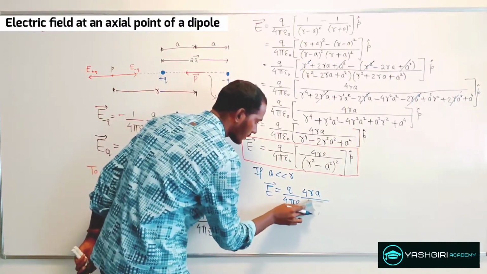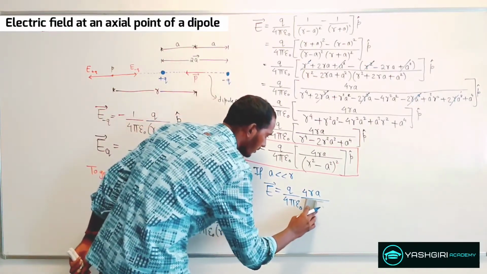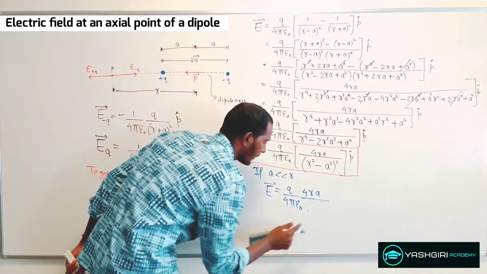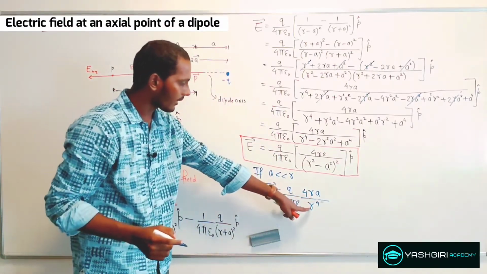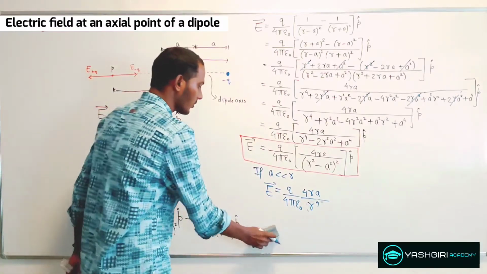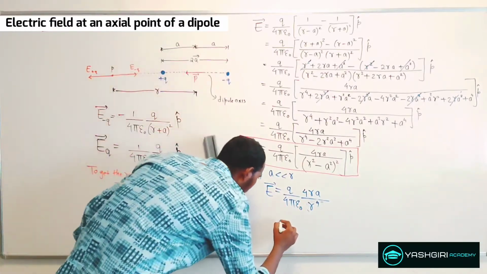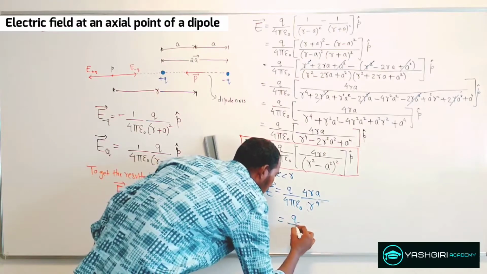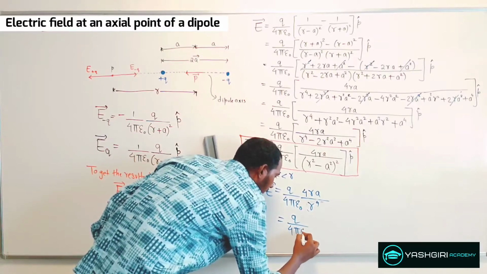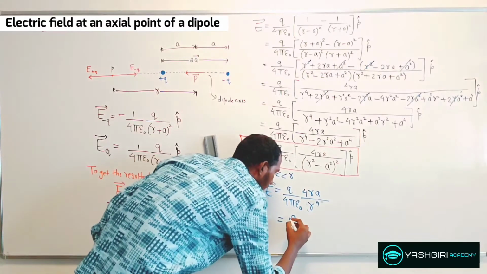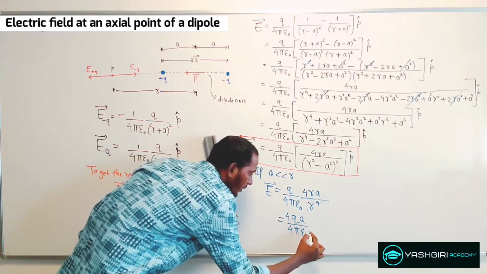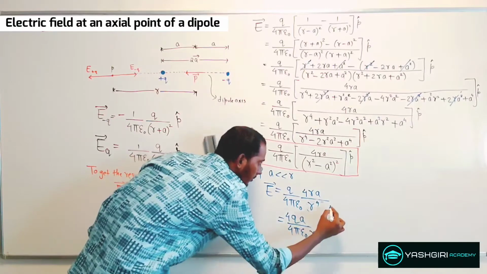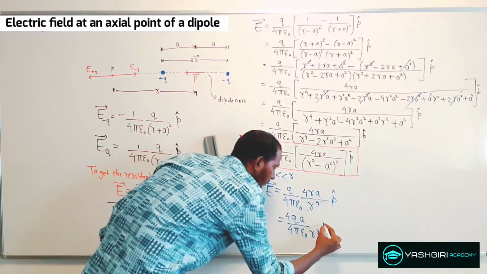So I'll just rewrite this. It will be R raised to 4, and here again 1 R will get cancelled. So here what you are left with is Q upon 4 pi epsilon naught into 4 times the QA over R cube into the P cap over here.